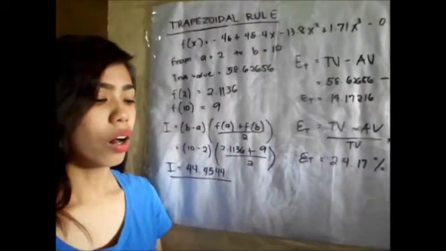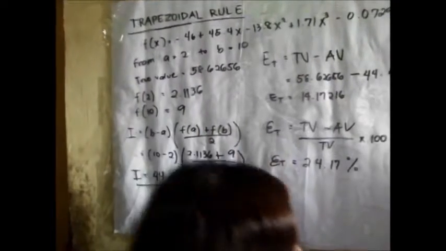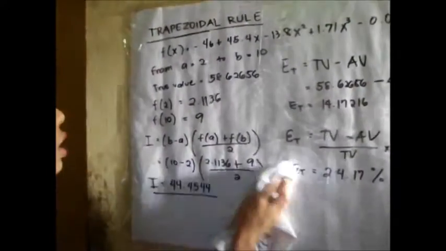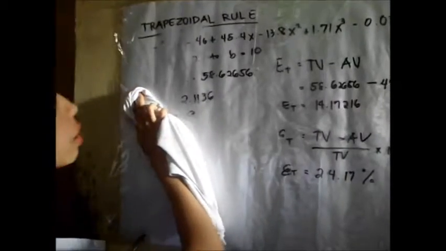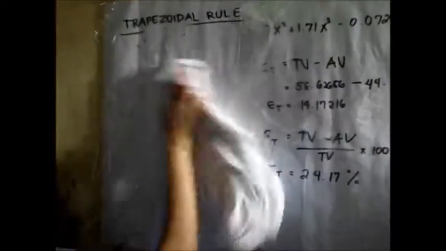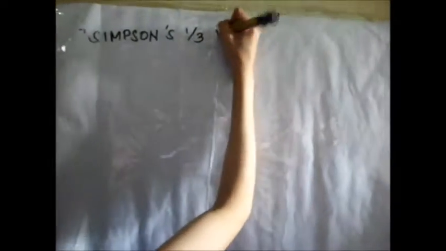The second rule that we have is Simpson's rule. Simpson's 1/3 rule, I mean.